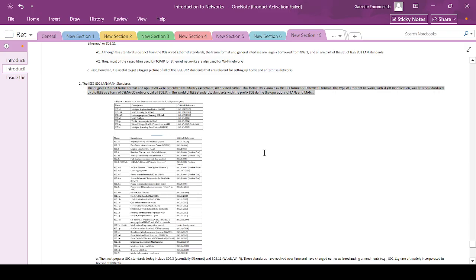The original Ethernet frame format and operation were described by an industry agreement mentioned earlier. This format was known as the DIX format or Ethernet 2 format.